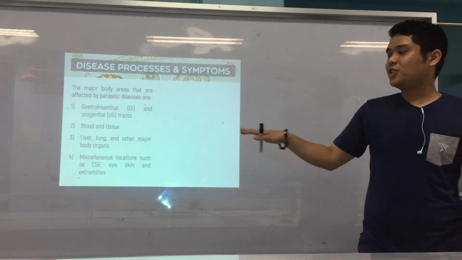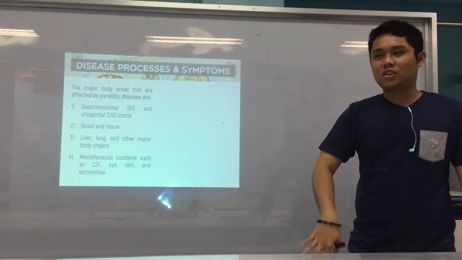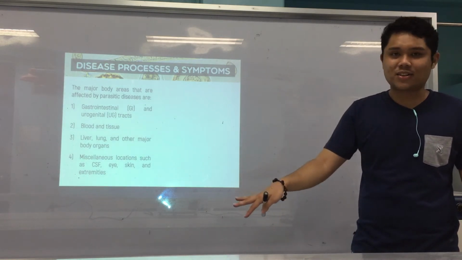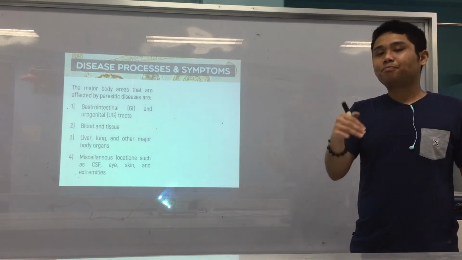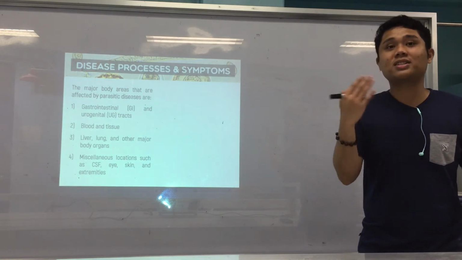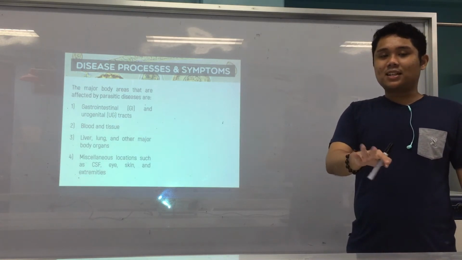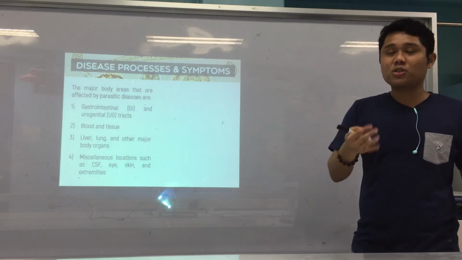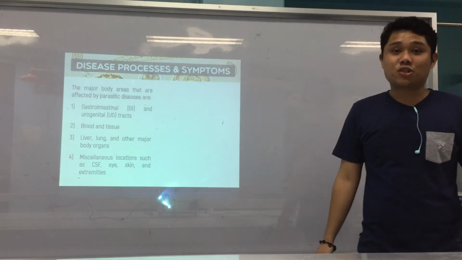And miscellaneous locations: CSF, eye, skin, extremities, usually rare, or other parasites. But generally, the most common or major system affected by parasitic diseases, or most of our parasites, is the GI tract.